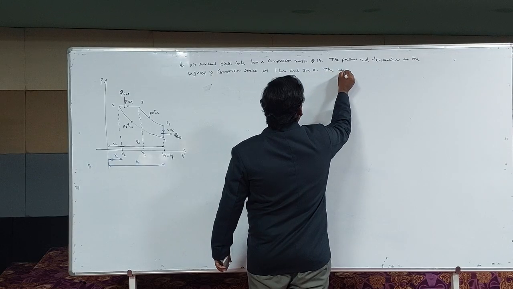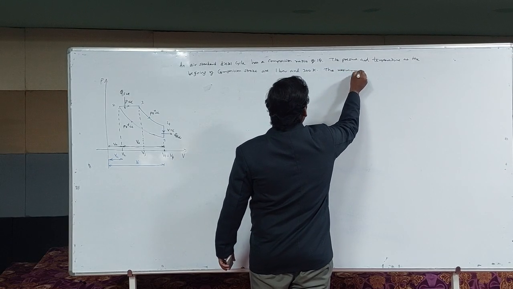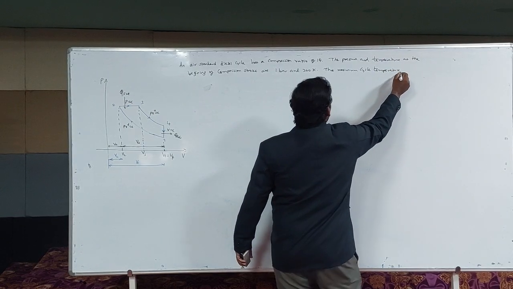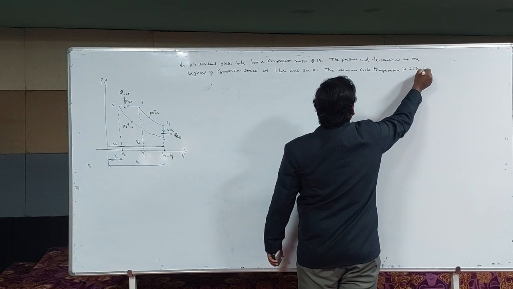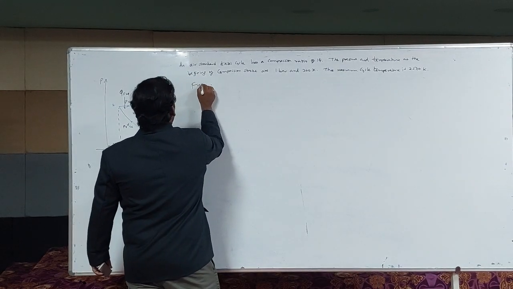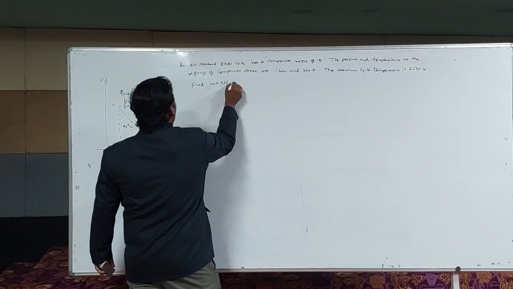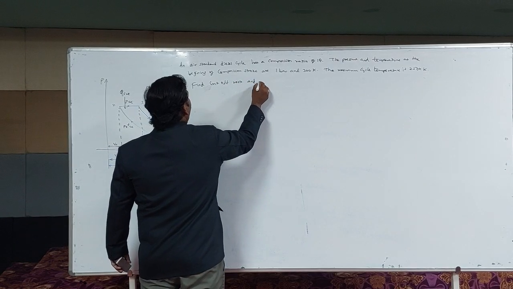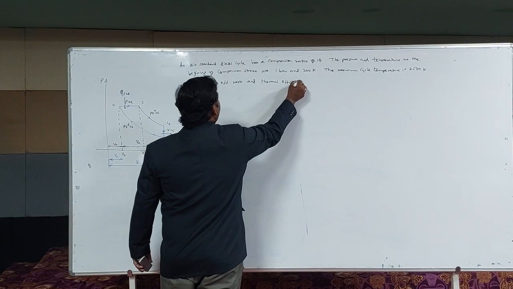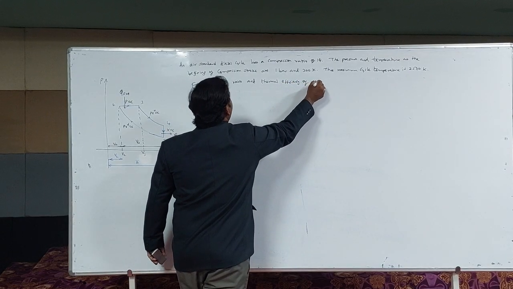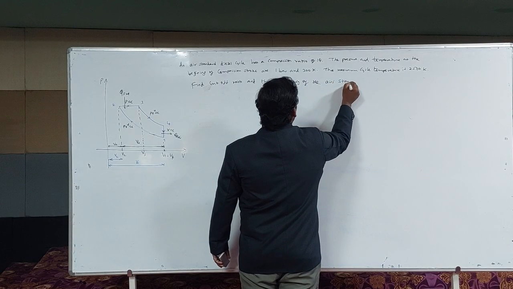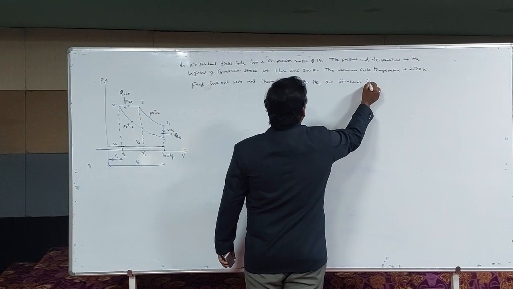The maximum cycle temperature is 2500 Kelvin. Find the cutoff ratio and thermal efficiency of the air standard cycle.